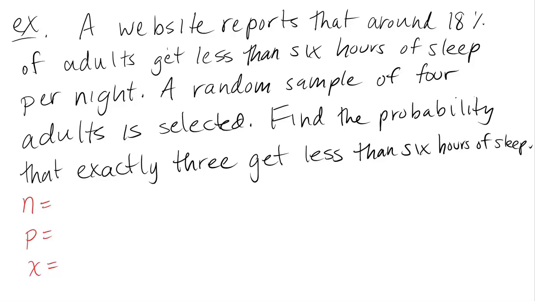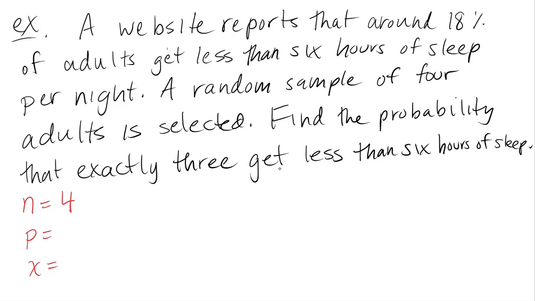We've already identified n. There were 4 trials, there are 4 adults, n is 4. P and X are dependent on which outcome you consider to be a success. Remember, we've got 2 categories of outcome. People who do get less than 6 hours of sleep, and people who do not get less than 6 hours of sleep. You need to choose one of those to be a success, and you can actually do this problem with either choice, but my advice would be to pick whatever the problem is asking you to count up.